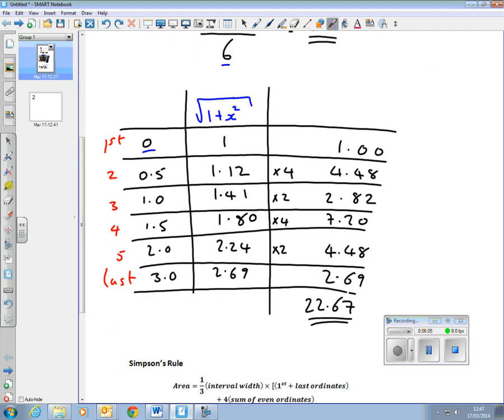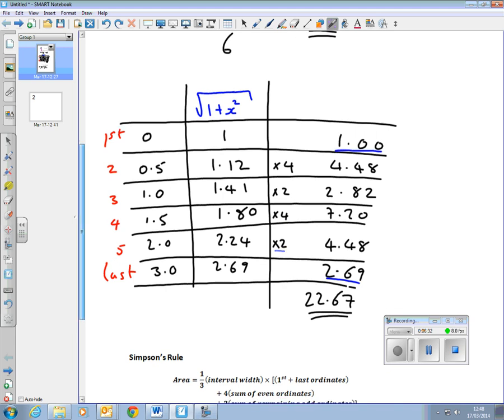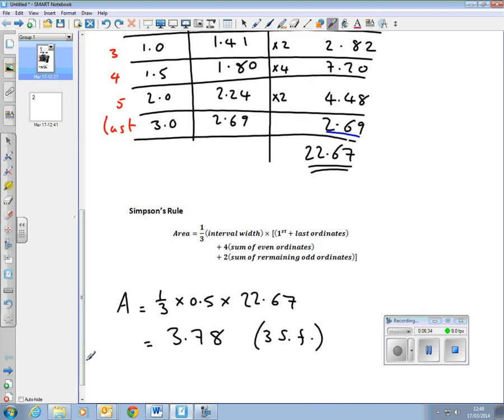X starts at the first interval and finishes at the last, and it's divided up into those particular intervals, and then we work out what the function is for each of these values of x, and then Simpson's rule means I multiply all the even ordinates by 4 and the remaining odd ordinates, in this case just 2 of them, by 2, and then add them all together, not forgetting the first and the last, and then plug them into the formula. So that's question number 1.